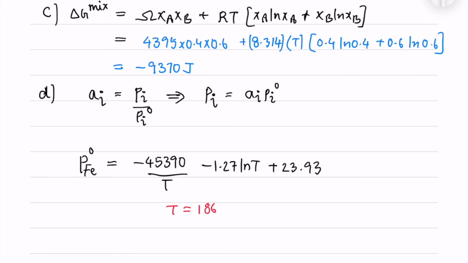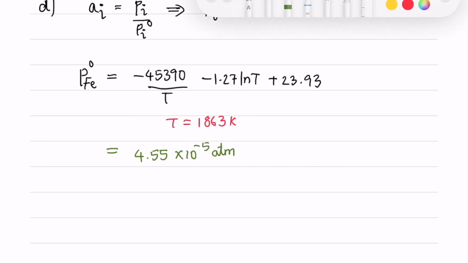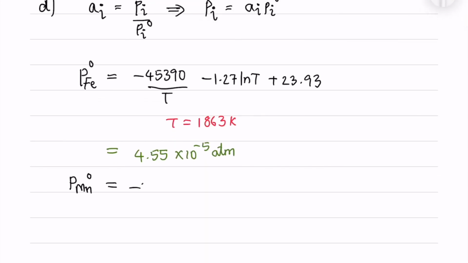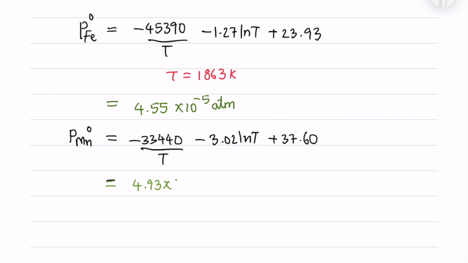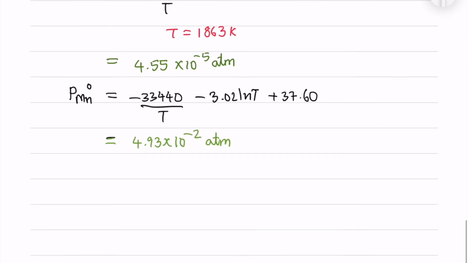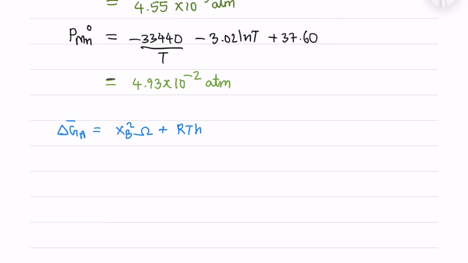So we can find this standard pressure at a particular temperature using the formula we obtained from appendix A. So we get for each component the standard vapor pressure in terms of atmospheres.